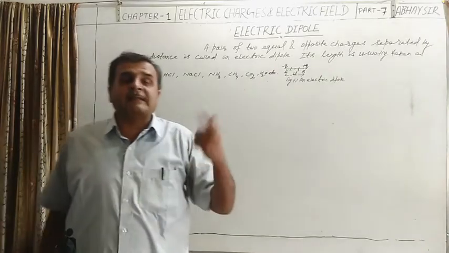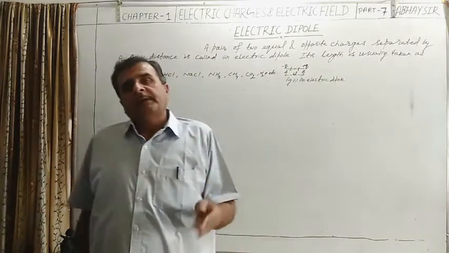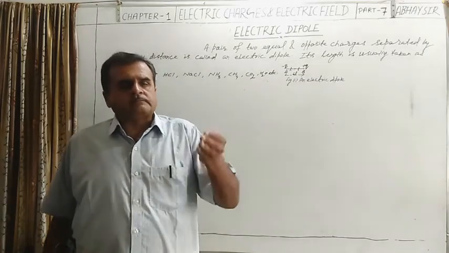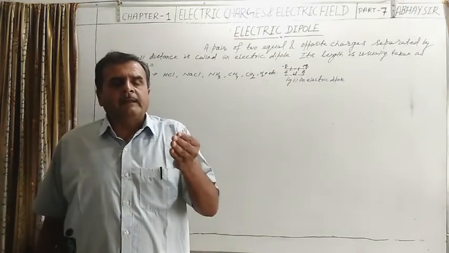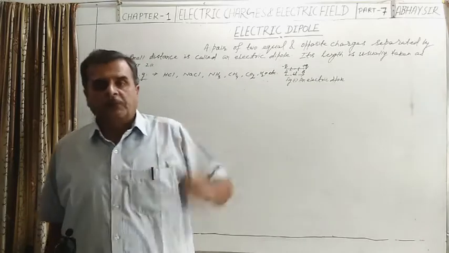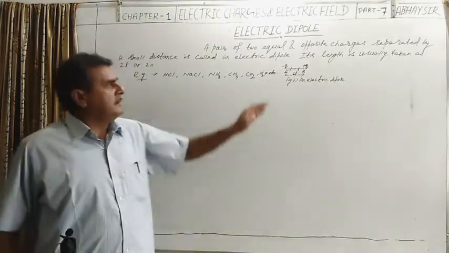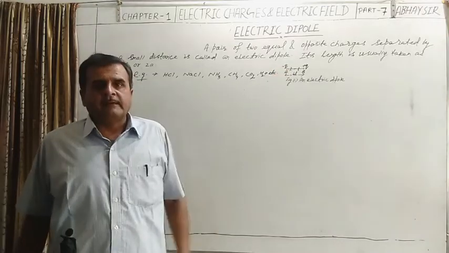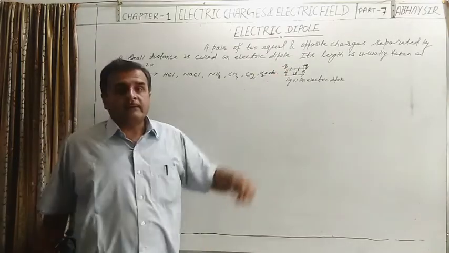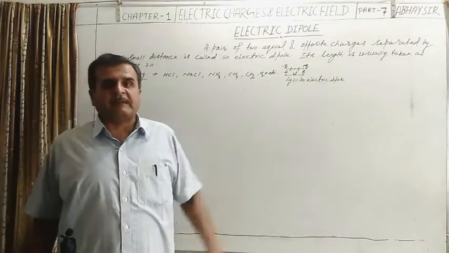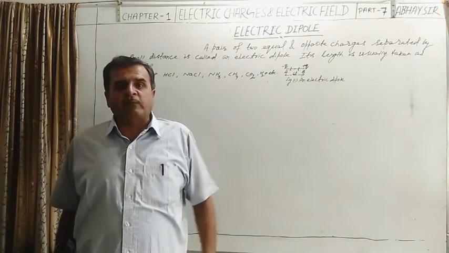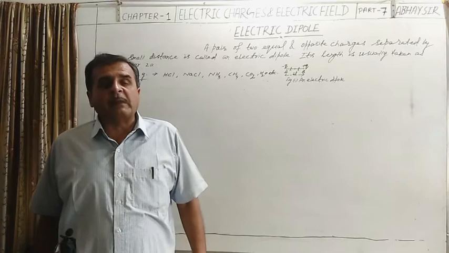So if r is greater than 2l, electric field is nearly equal to zero. But total electric field due to both charges, either on the axial line or on the perpendicular bisector or at the midpoint of the electric dipole, cannot be equal to zero.